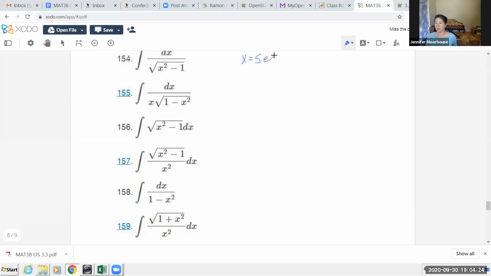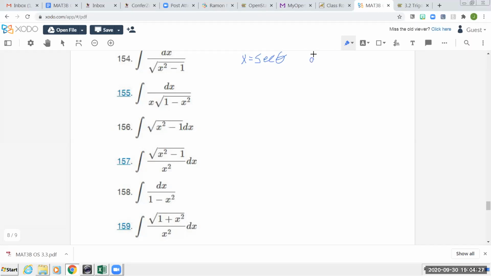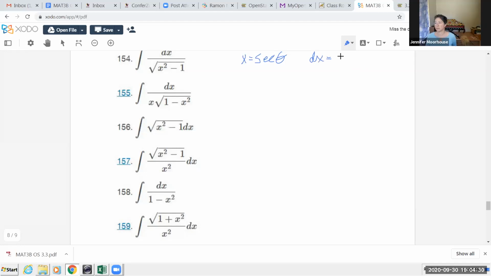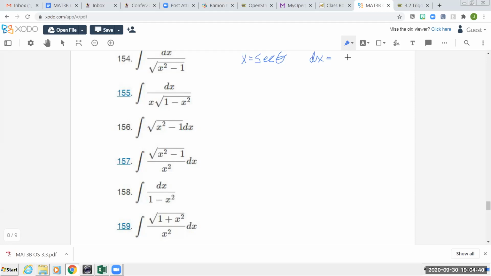So x would be secant theta, which means dx is, I have to remember the derivative of secant, secant tangent theta.